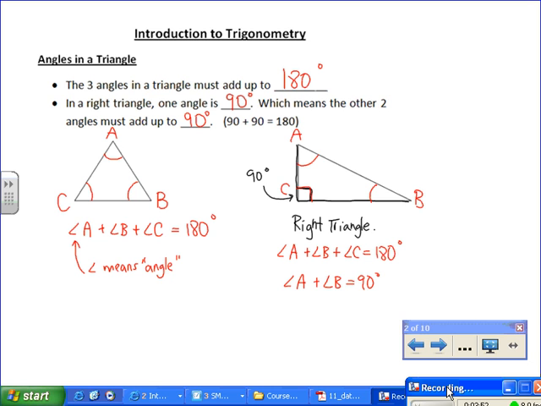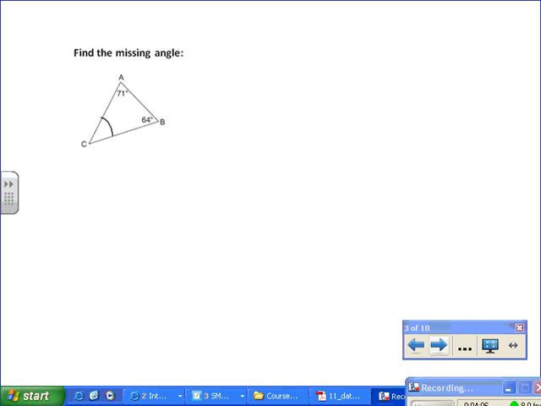Let's do some examples with some real triangles and some numbers. On the bottom of the first page of your notes, you have find the missing angle. So we're looking here for angle C. One thing I know that is true is that the three angles together, A plus B plus C, have to equal 180 degrees.